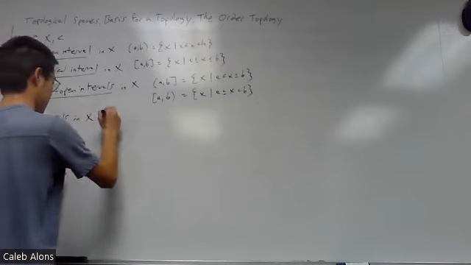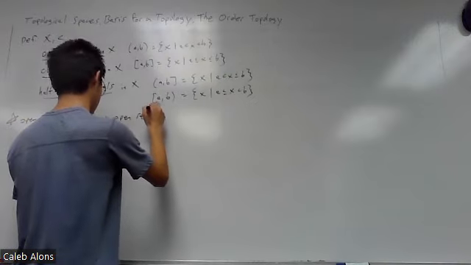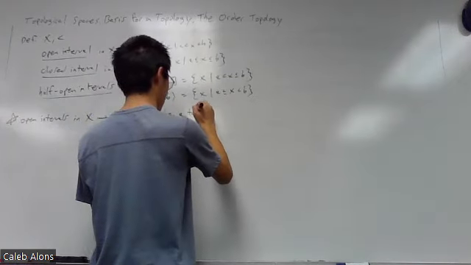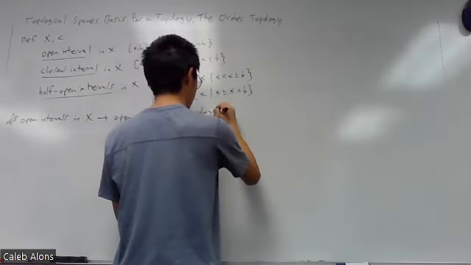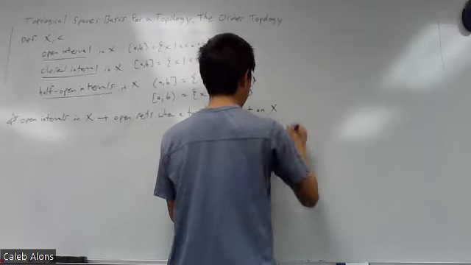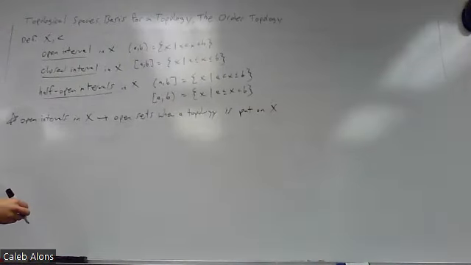All the familiar stuff. Open intervals in X is a nod to the open sets when a topology is put on X. I didn't know that's why we called it open. And then the order topology is basically going to contain your basis.